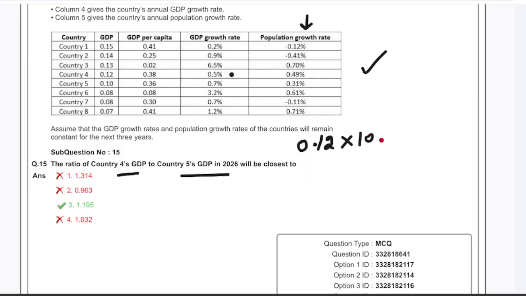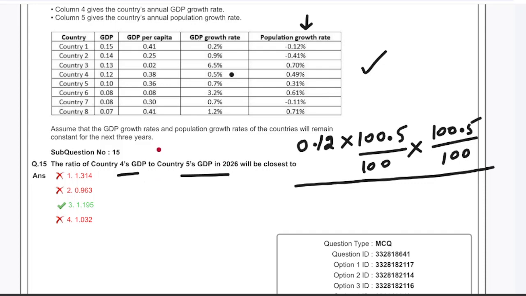That means it's going to be 100.5% in 2025, again multiplied by 100.5 divided by 100 in 2026. This is the actual GDP going to be. Quite simple to understand. If there is an increase of 0.5%, that means it is 100 plus 0.5%.